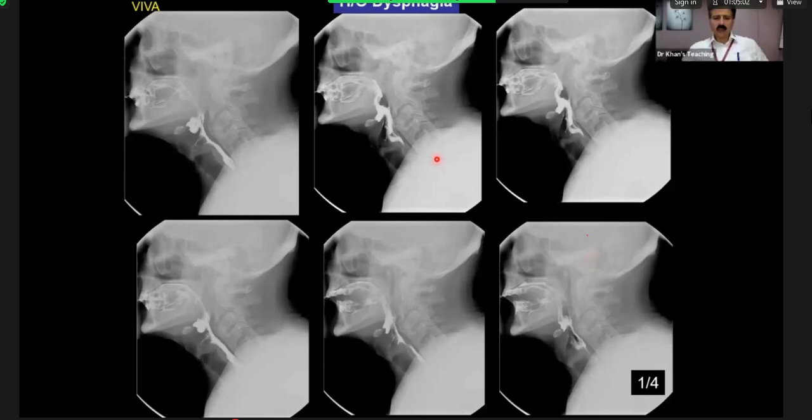So the learning points here are what you have described. Let's tackle it like this. You have used the word beaking. What else did you say other than beaking to describe? Fusion, yeah. Okay, let me guide you. If you see, this is the vertebral body, this is a vertebral body, this is a vertebral body. Something is sitting anterior to that, and whatever is sitting anterior to that is ossified.